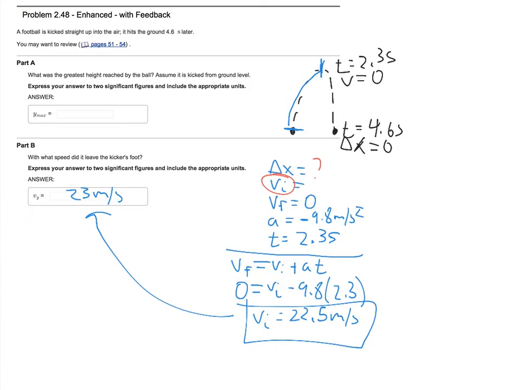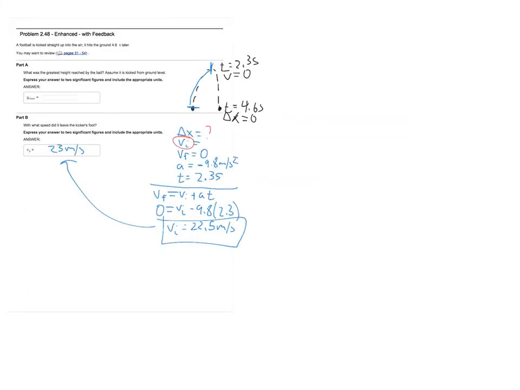Okay. Now that I have that, I can go back to answering part A, which is finding my displacement as I rise up to the maximum height. You have a few options here now of what equation you use. I'm just going to use the delta x equation, but there certainly are other choices. So we'll fill in the things we know.